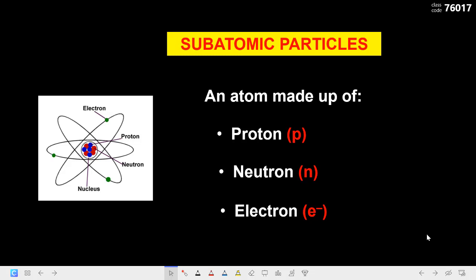Dalam atom tu mesti ada proton, neutron, and electrons that travel around the nucleus. So proton and neutron berada dalam nukleus suatu atom. So these are the symbols. Proton is P, neutron is N, electron is E with negative charge.